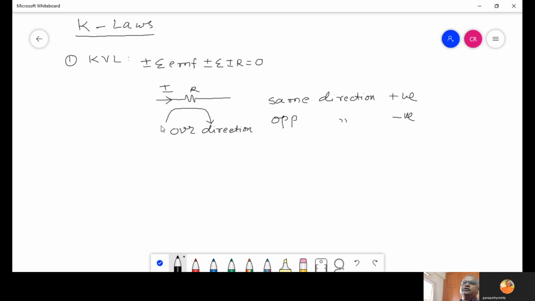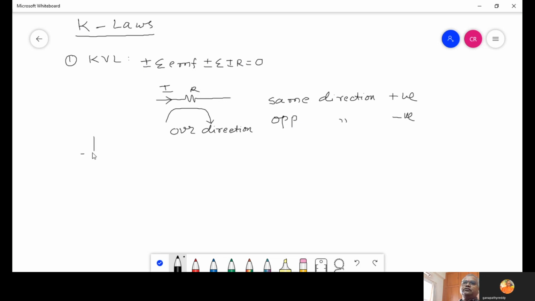Some authors follow the reverse also. Standard books follow this convention, local books follow the opposite. So when we consider the resistor, observe in which direction we are going and what is the actual current direction. Same means positive and opposite means negative.